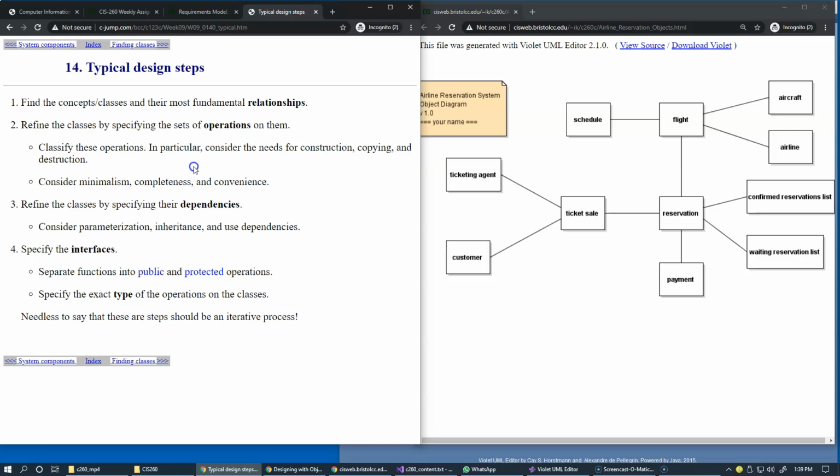Then, as we identify these concepts, we want to refine the classes by specifying the set of operations. Each component here, like flight, schedule of flights, ticket sale instance, customer definition, could be viewed from two aspects: the set of data attributes and the set of operations. We normally refine the set of operations, also known as class behavior, and we want to classify these operations.